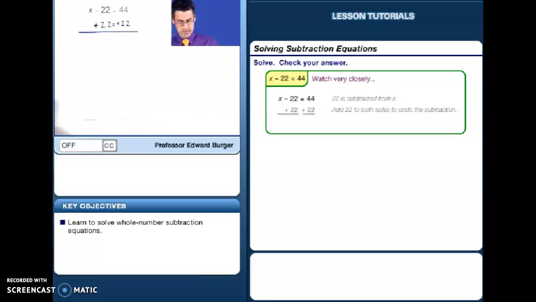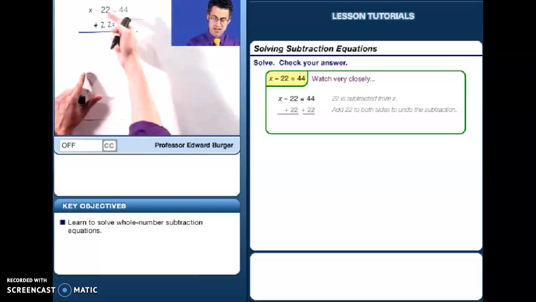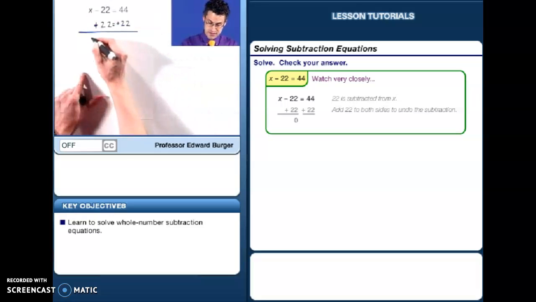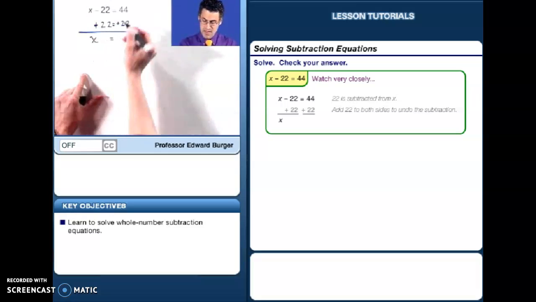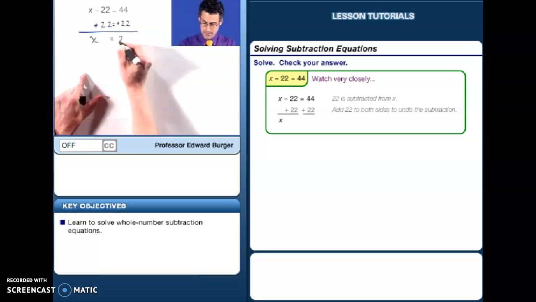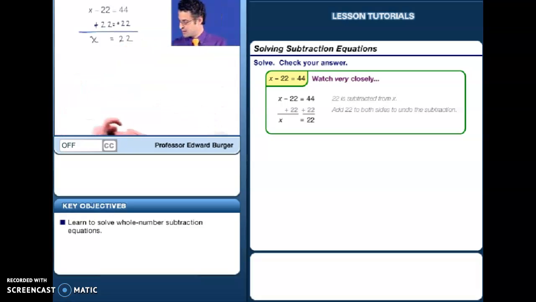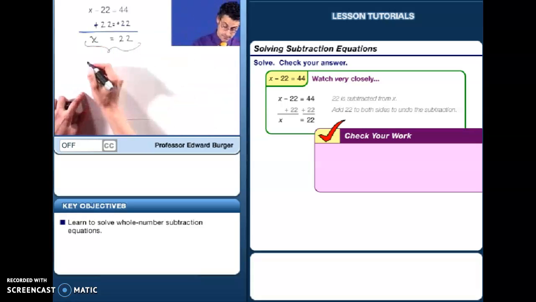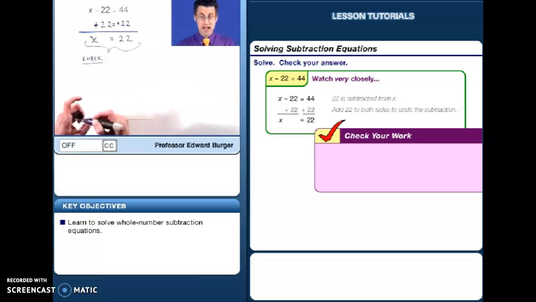So when I add, on the left-hand side, minus 22 plus 22 is 0, so I just have the x plus 0. And on the right-hand side, I have 22. So there is my answer. Great! But let's see if it's right by checking. So what do I have to do?